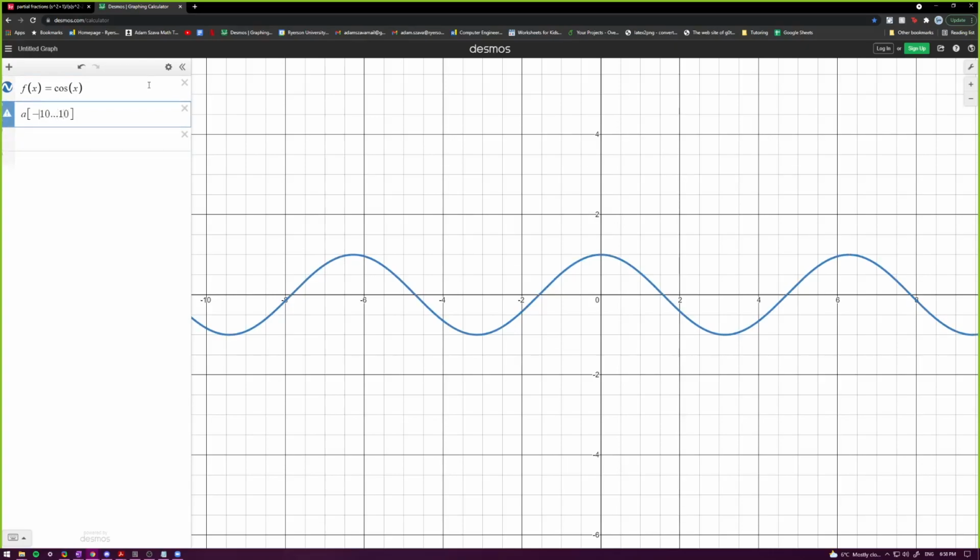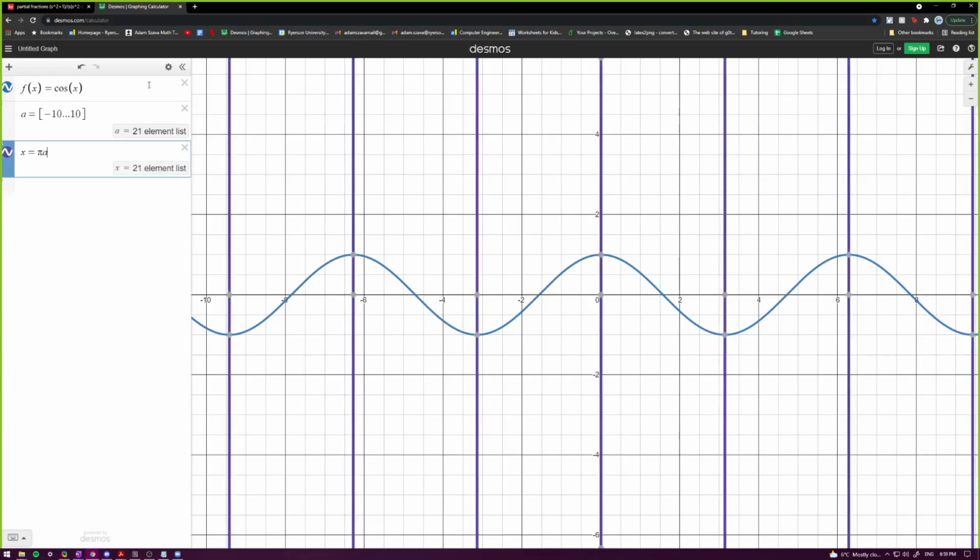Oh, sorry, I meant a equals. Okay, I'll plot these points. x equals n pi. There we go. Whoops, that didn't work.